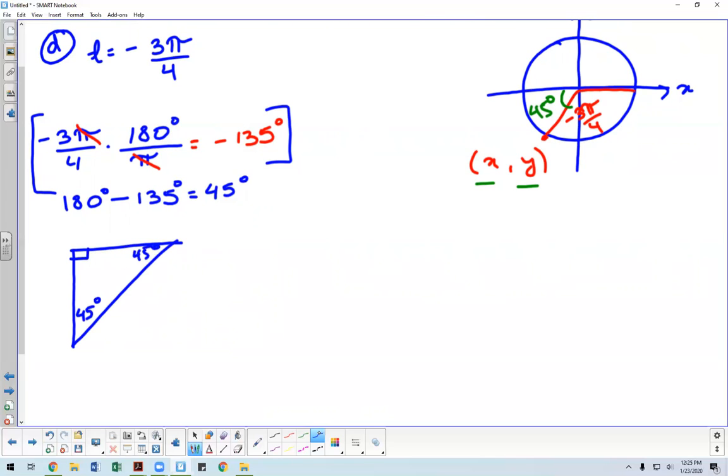Isosceles triangles work for positives and negatives, just using different values instead of 30, 60, 90, you get 45, 45. Since your angle measurements are the same, the two legs will also be the same measurement, and your hypotenuse is going to be square root of 2. Remember, square root of 2 is 1.414.